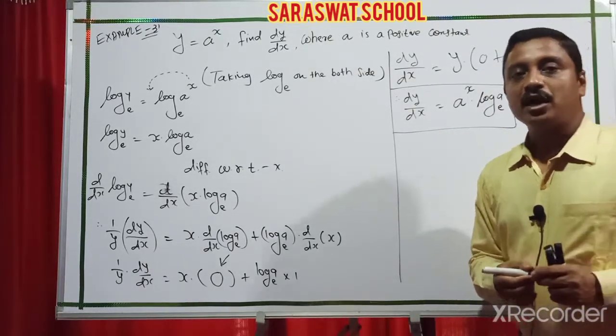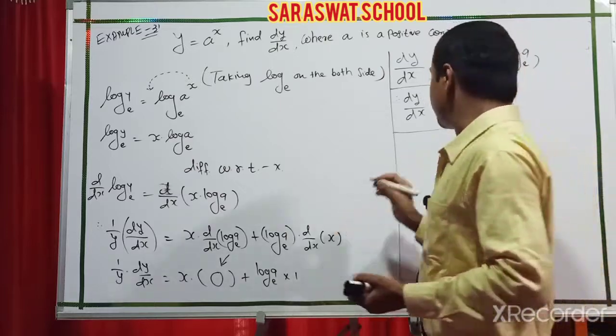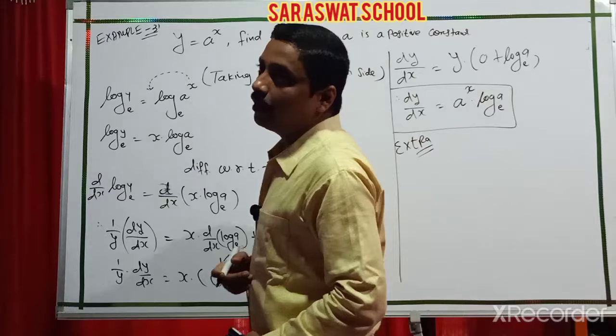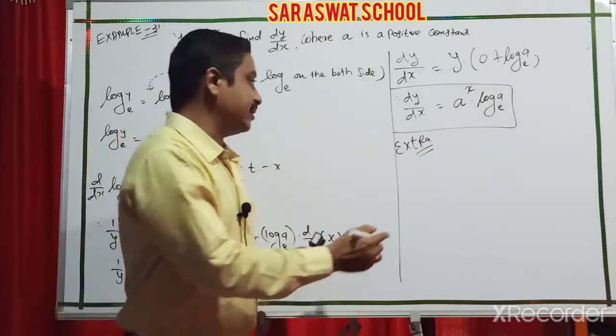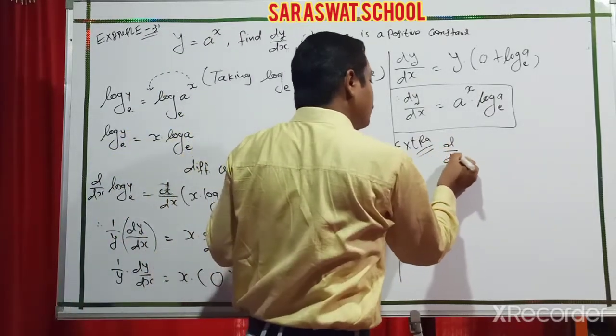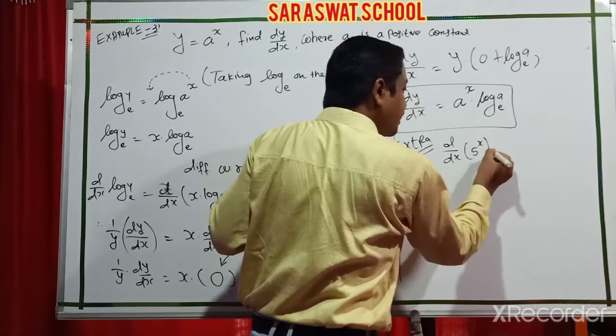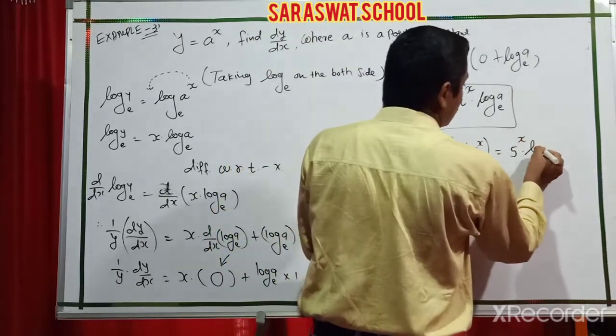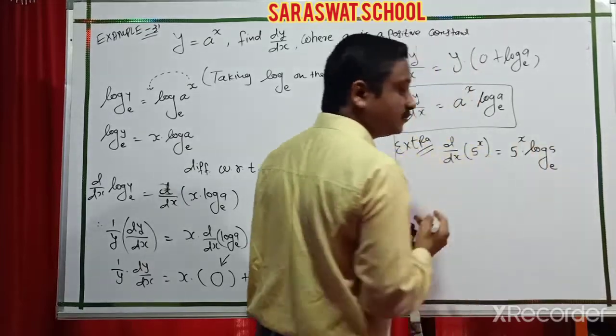Yes students. Now try extra questions of the same type and derive the direct answers, just like d dx of 5 raised to x. Can you guess the answer? Yes, 5 raised to x log 5 to the base e.